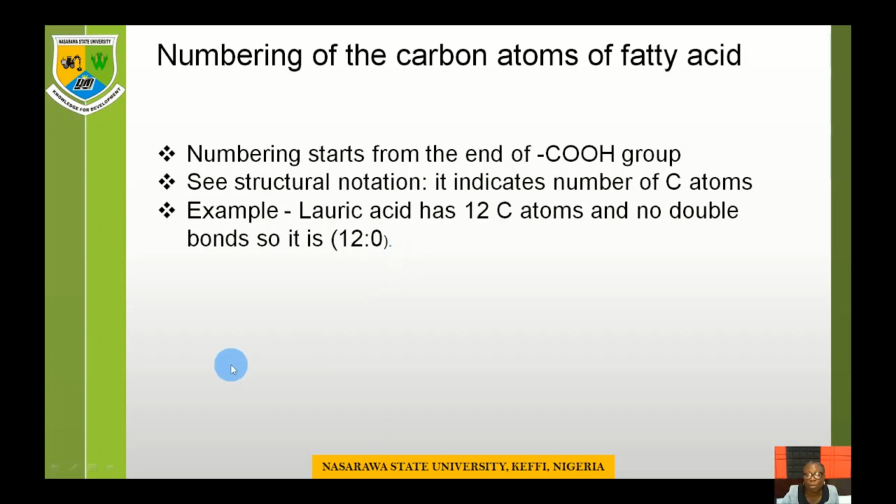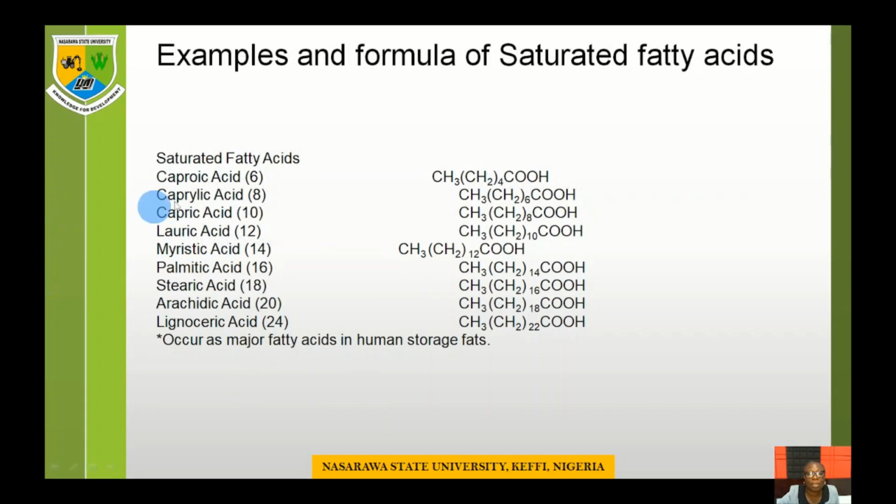Okay. Now let's look at this example. These are saturated fatty acids and their structural formulas. Now this is caproic acid. Caproic acid has 6 carbon. Let's count it. Carbon 1, carbon 2. Now look at this. This CH2 is 4.